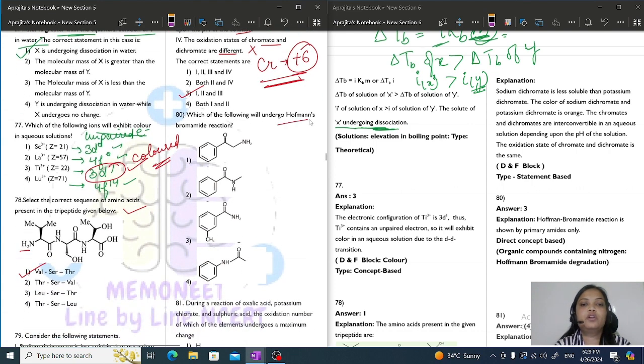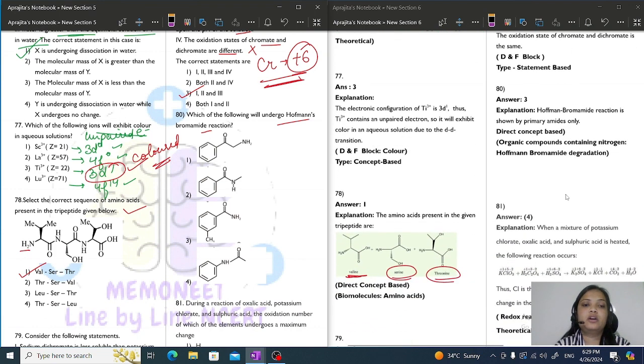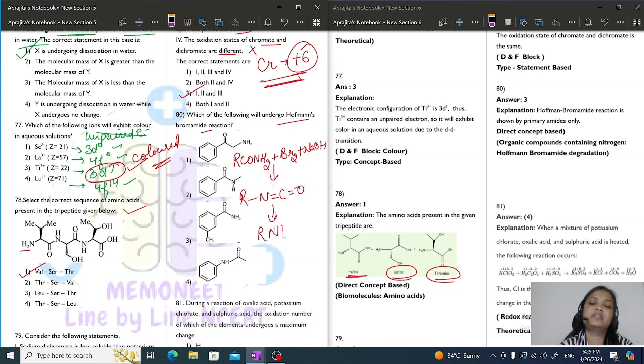Now which of the following will undergo Hofmann's bromamide reaction? This is our question number 80. Students, you all know that in the Hofmann bromamide reaction there is an amide. It reacts with bromine in the presence of a base, NaOH or KOH, whatever it is. It gives an intermediate and after that it gives an amine, meaning the amide is converted to an amine. But the condition is that this reaction is only given by primary amides.